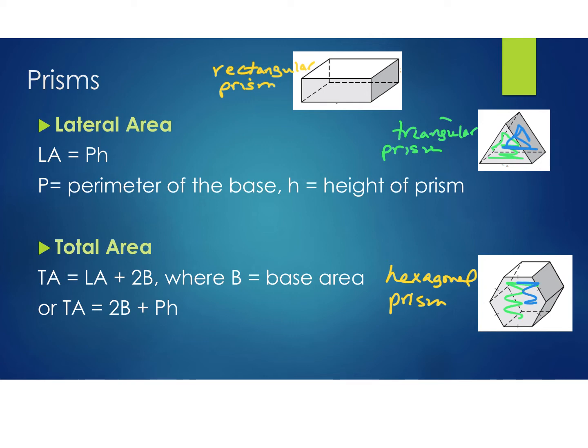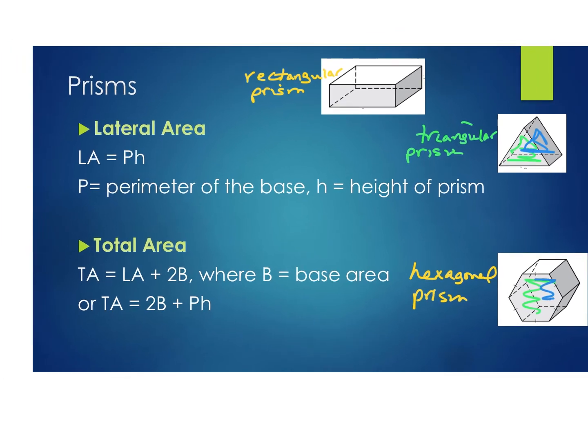Now again, remember, sometimes when you're presented these prisms, they're not sitting on their base. And that's the case here for the triangular prism. Notice it's sitting on one of its lateral faces, as well as the hexagon. So just be careful when you're trying to identify the base shape.